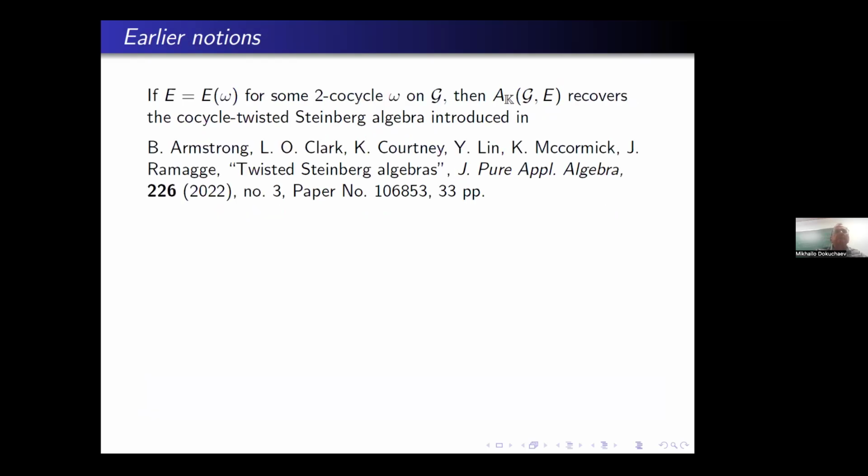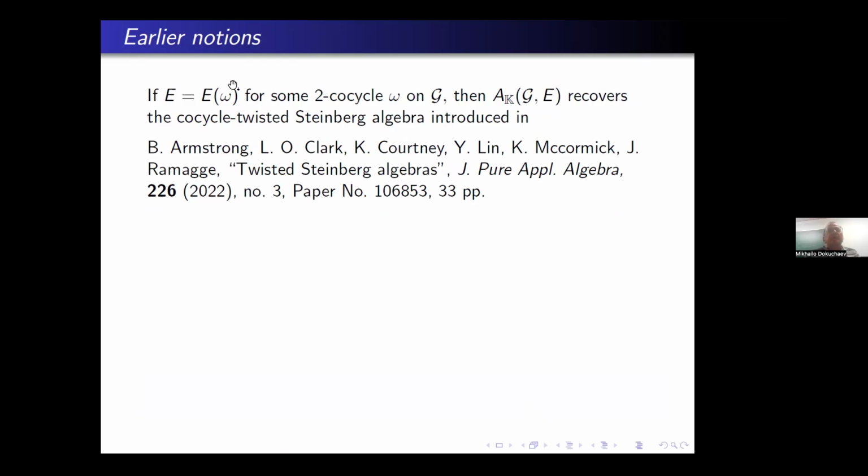Now, earlier notions. This term twisted Steinberg algebra was used already in this paper by Armstrong, Clark, Courtney, McCormick and Ramage of 2022, but the twist is the cocycle twist.